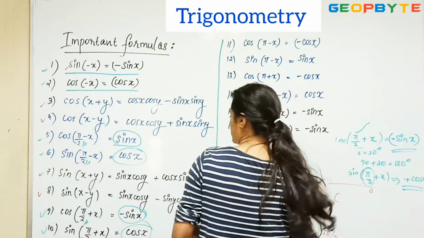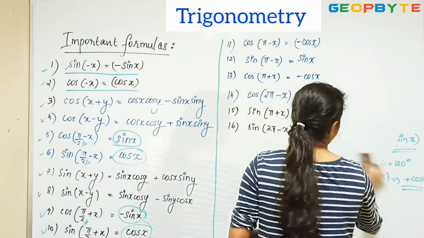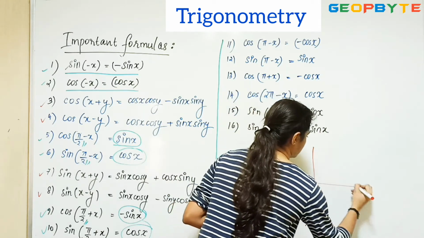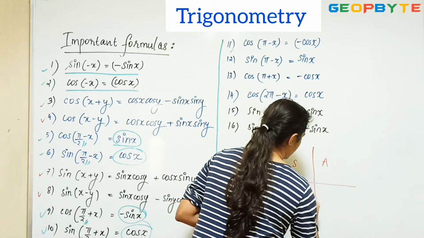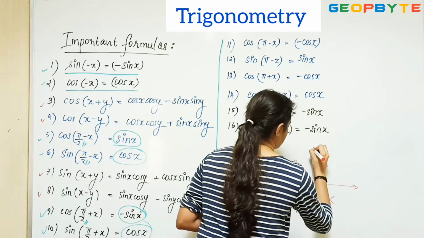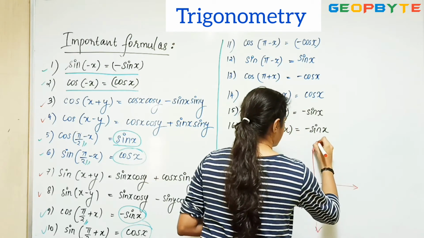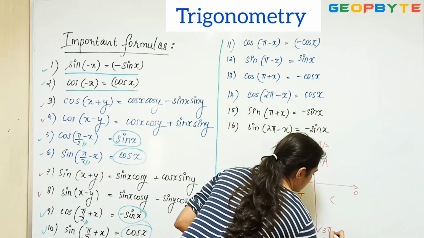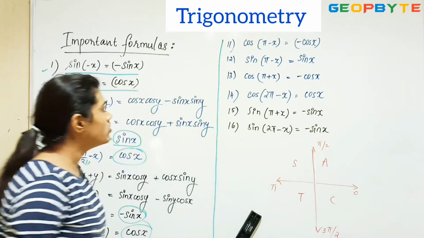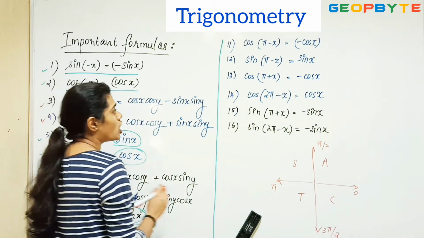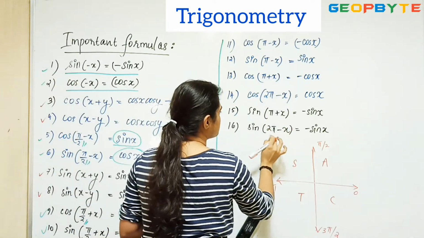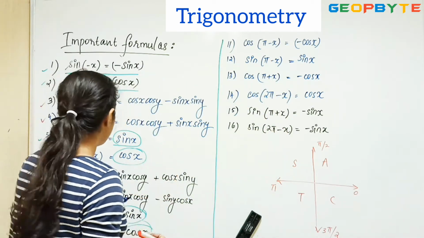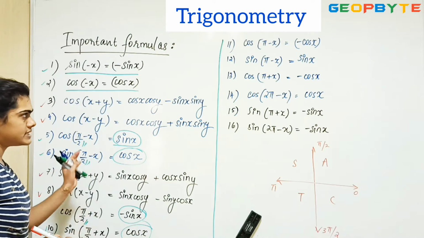Now coming to the 11th, again we draw our main thing, that is ASTC. Everything depends on this. This is pi by 2, pi, 0, this is 3 pi by 2. Okay, now what is cos of pi? See, now everything is pi, not pi by 2. It is with respect to pi. Here it is with respect to pi by 2, so it is changing.